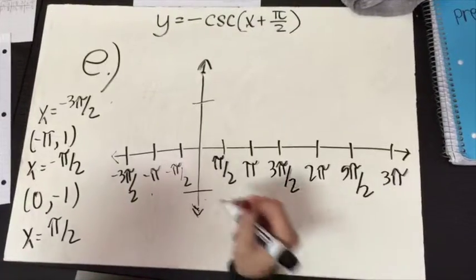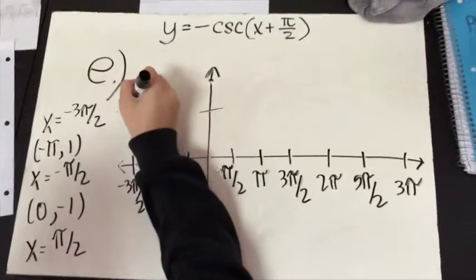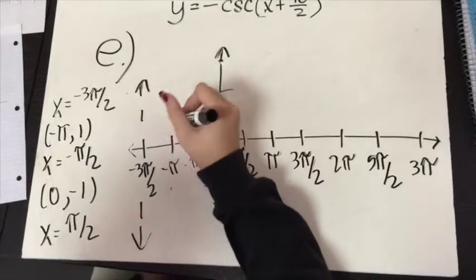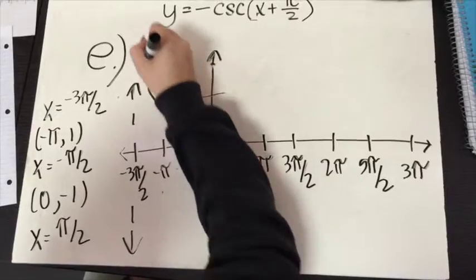So our first point is a vertical asymptote at negative 3 pi over 2, and then negative pi, 1 is there.